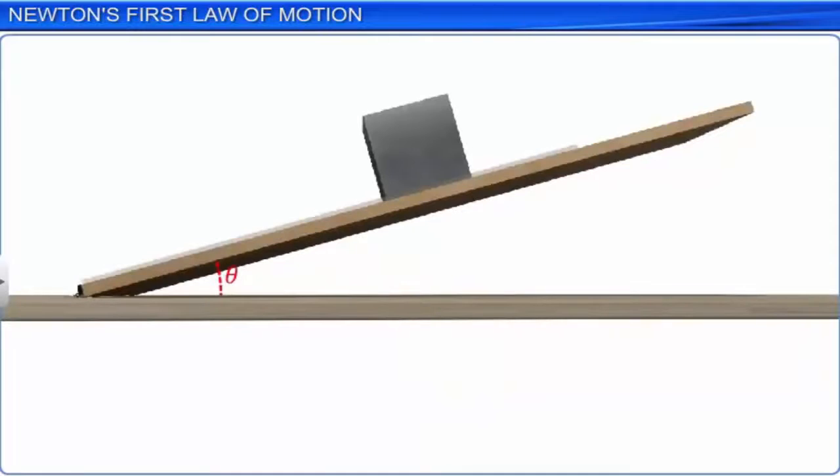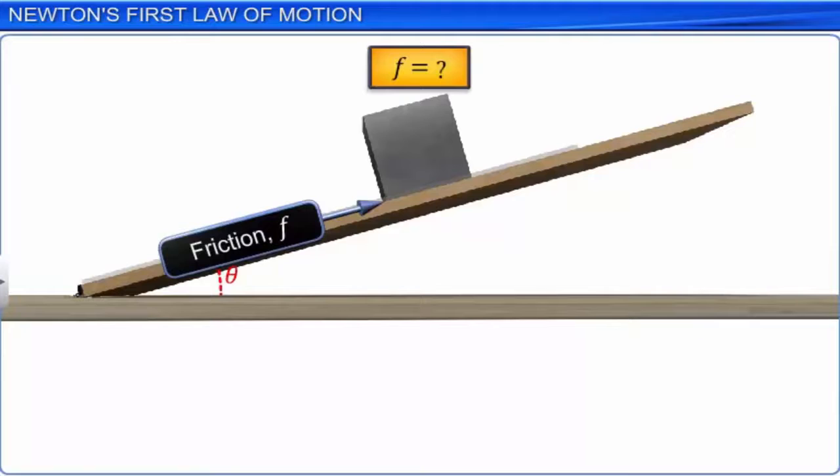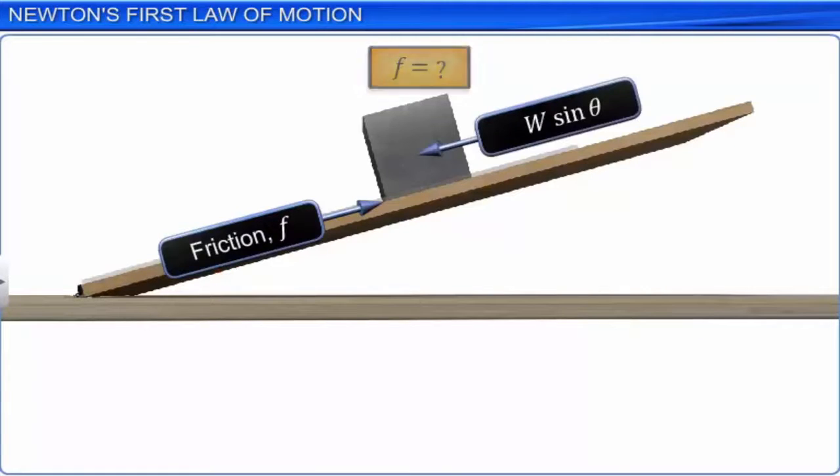At the point of impending motion, the iron cube has the tendency to slide down, but is prevented by the frictional force F between the glass surface and the surface of the iron cube. How do you find the magnitude of this frictional force F? There is no motion of the iron cube in the x direction.